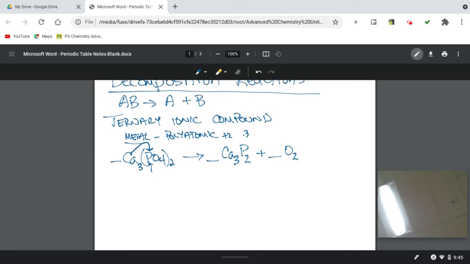Now, an exception to this exception is when we have something like calcium carbonate. So calcium carbonate, calcium's +2, carbonate is -2. The problem with this example, and we've talked about this a lot this year, is when carbon is your first nonmetal.